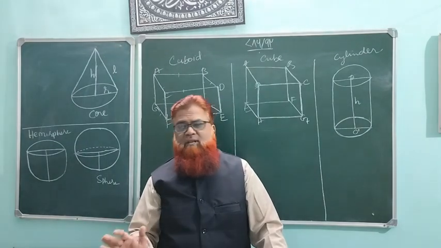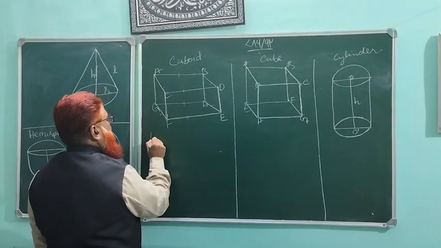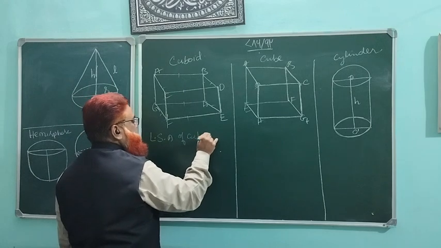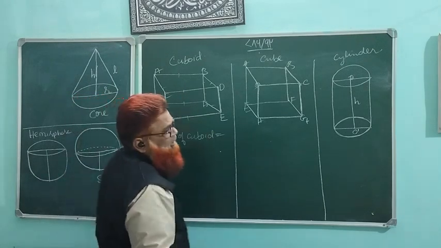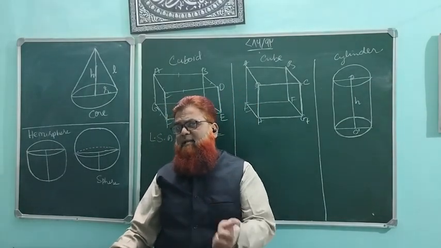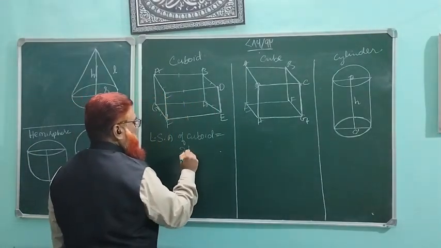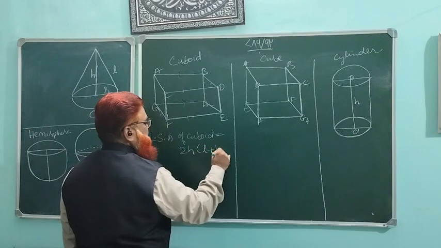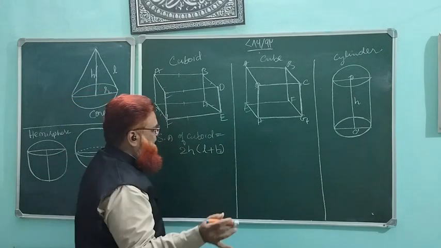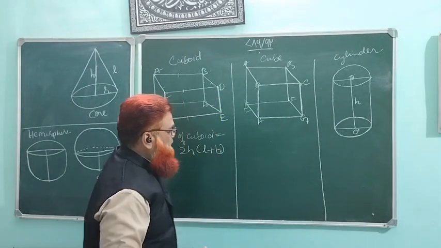LSA of a cuboid is equal to, we know that a cuboid has three-dimensional measurements: length, breadth and height. So we write it 2h(l + b), or 2 lengths and 2 breadths multiplied by the height. It is the lateral surface area of a cuboid.